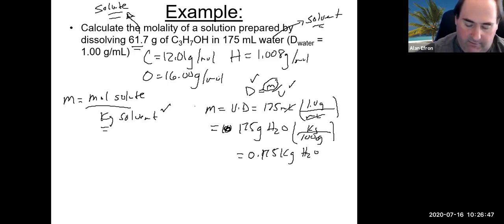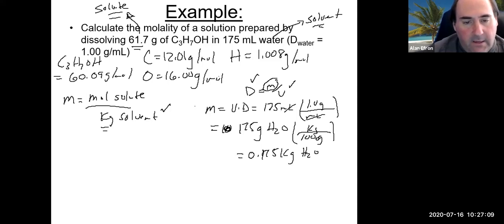So that's going to be 3 times 12.01 for carbon, plus 8 times 1.008 for all the hydrogens, plus 16 for the oxygen, gives us a molar mass of C3H7OH from the periodic table of 60.09 grams per mole. So we're going to do a basic conversion of taking our 61.7 grams of C3H7OH.